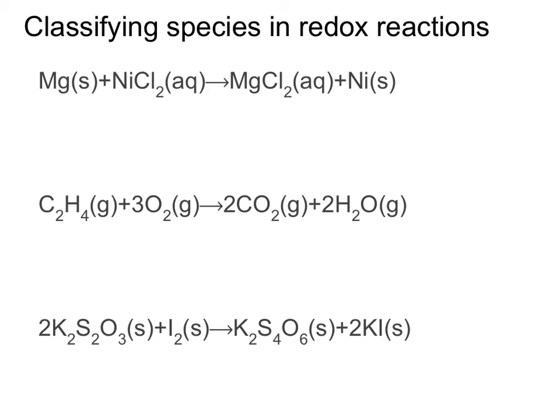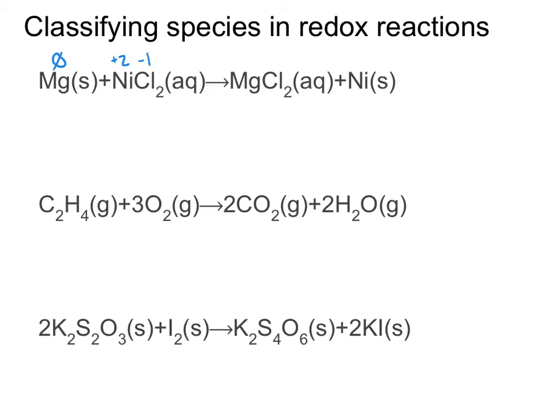Okay, let's go through them now. And so in our first example, magnesium is in its elemental form with an oxidation number of 0. We know that chlorine is going to have an oxidation number of -1. Therefore, nickel must have an oxidation number of +2.